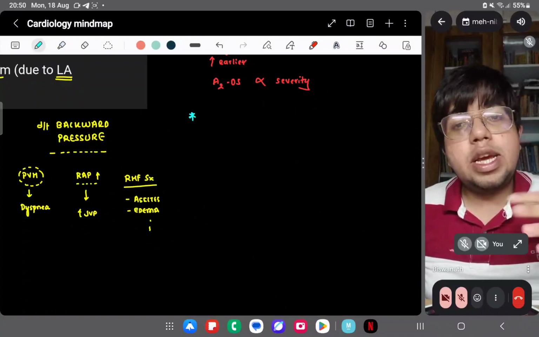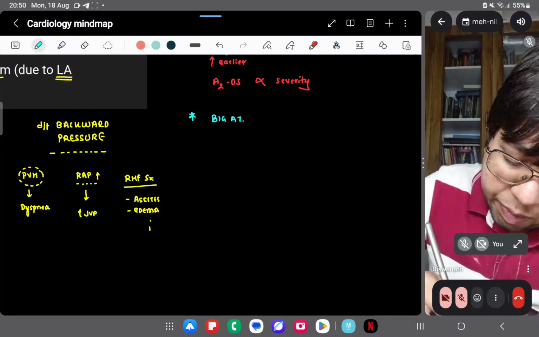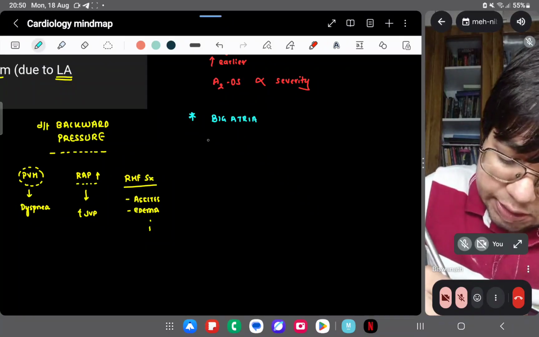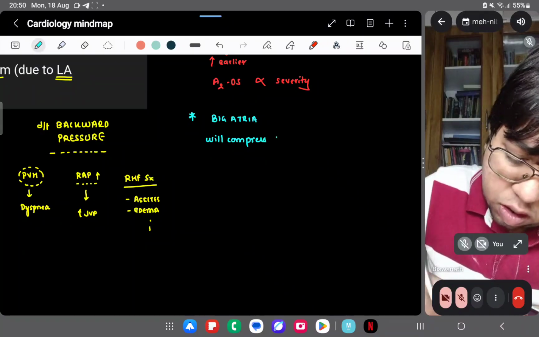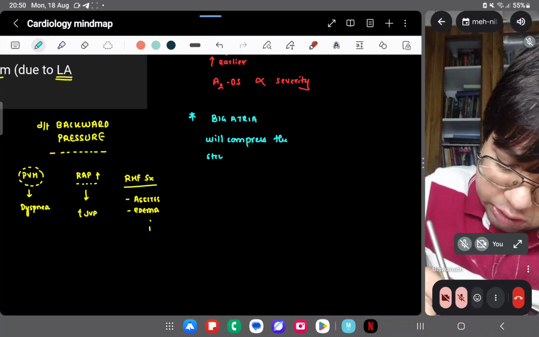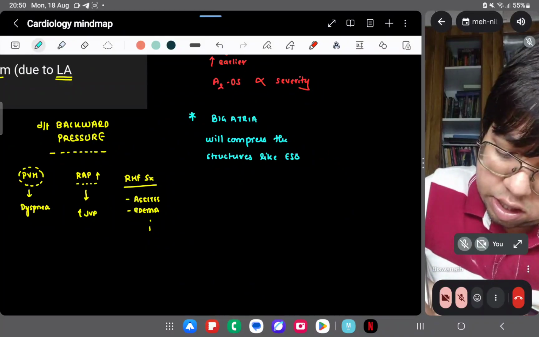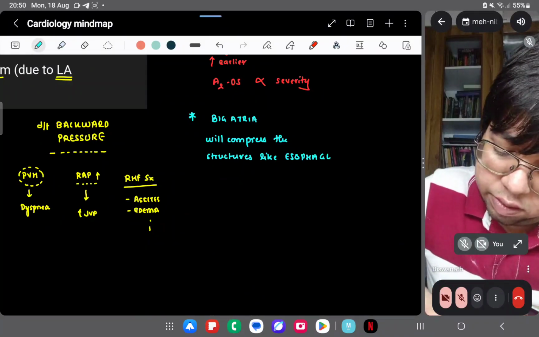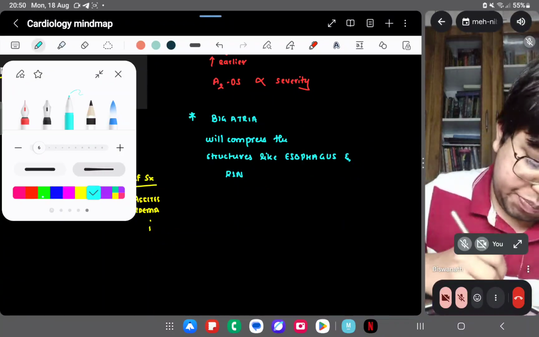Esophagus, recurrent laryngeal nerve. The big atria will compress structures like the esophagus and recurrent laryngeal nerve.